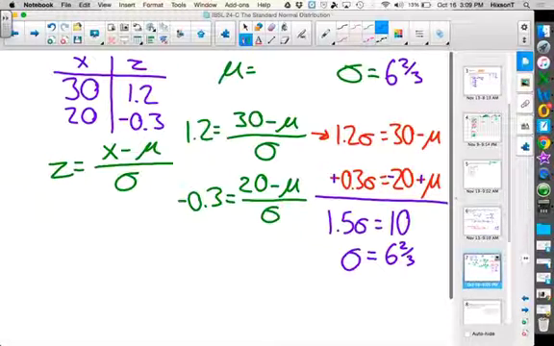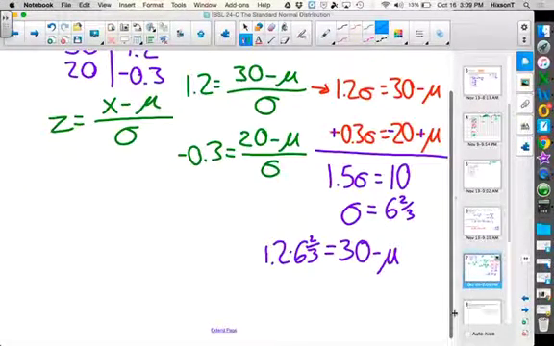Okay? So let's say we plugged it into this 1.2 sigma. So 1.2 times 6 2/3 is going to equal 30 minus mu. Okay? So mu is going to be 30 minus whatever 1.2 times 6 2/3 is. And what does that end up giving us?